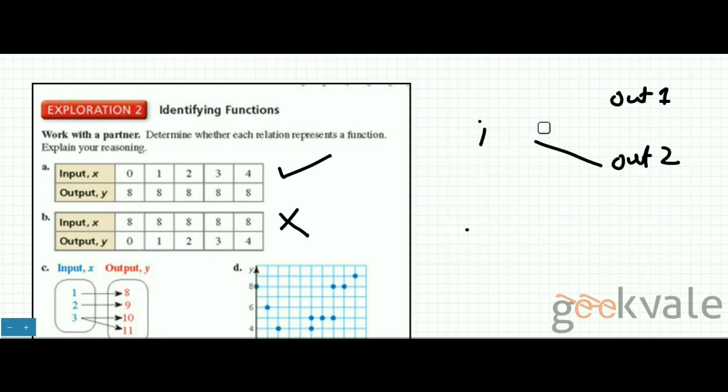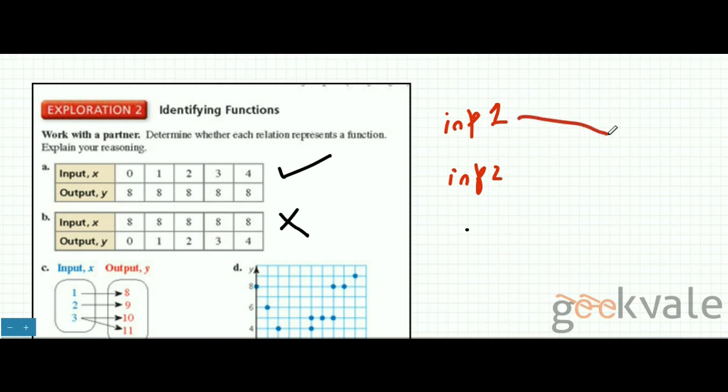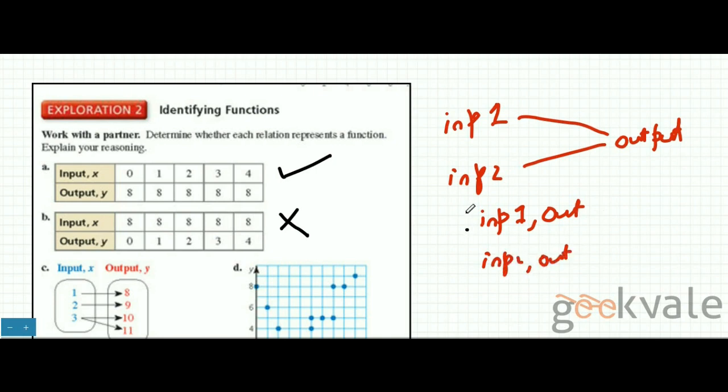Another way we can describe this is, if I have something like input 1 and input 2, two inputs mapping to one output. Okay, so in this case, I'll get ordered pairs like input 1 output and input 2 output, right?